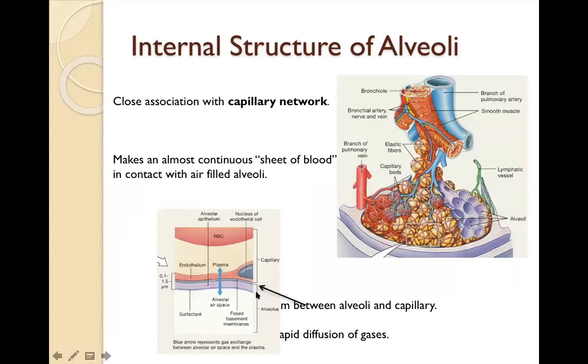Okay. So the capillary network around the alveoli is extensive. The alveoli are covered with a network of capillaries, and it's almost like they're covered with a sheet of blood. That ensures that the entire alveolus will be a good surface for gas exchange.